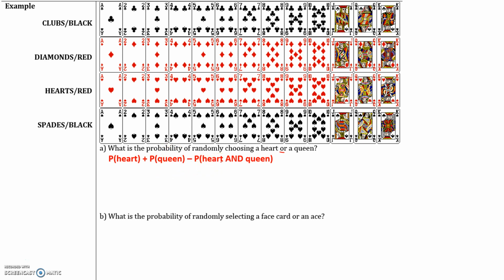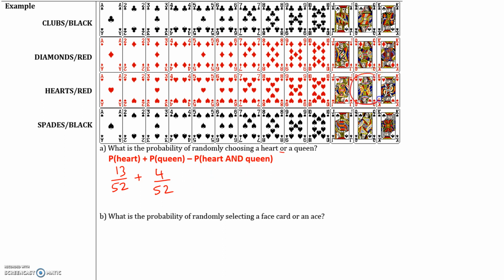So here's the deck of cards laid out. How many hearts do we have? We have 13 hearts. And how many total cards do we have? We have 52 total cards. So the probability of choosing a heart is 13 out of 52. What is the probability of choosing a queen? Well, we have 1, 2, 3, 4 queens out of a total of 52 cards. What is the probability of choosing a heart and a queen?